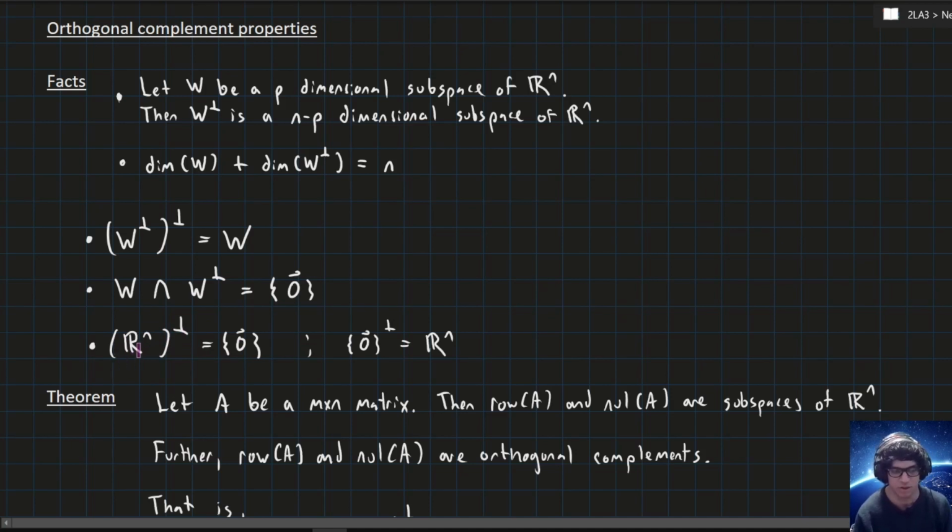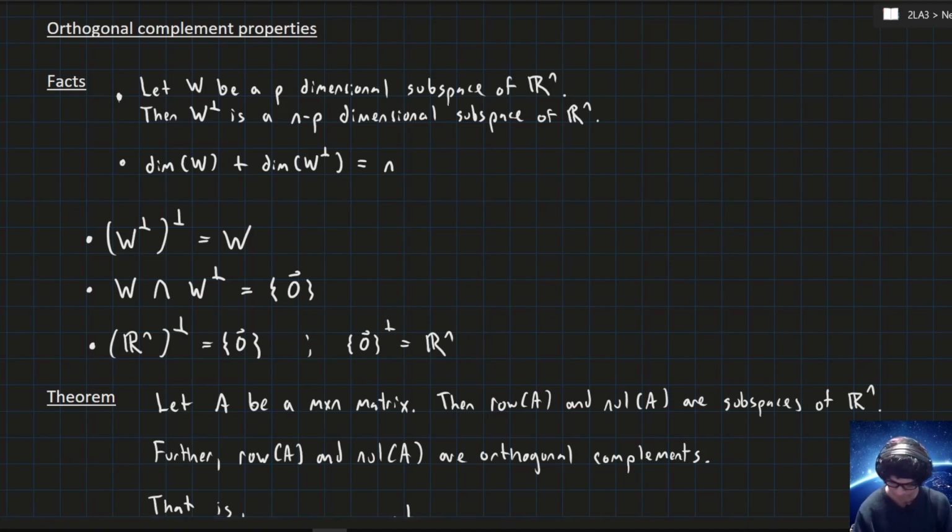If you think about Rn and you ask what vectors are orthogonal to every single vector in Rn, the answer is just the 0 vector. It's the only one that will work. The other way around, if you have the 0 vector and you ask what vectors are orthogonal to the 0 vector, it's the whole space.